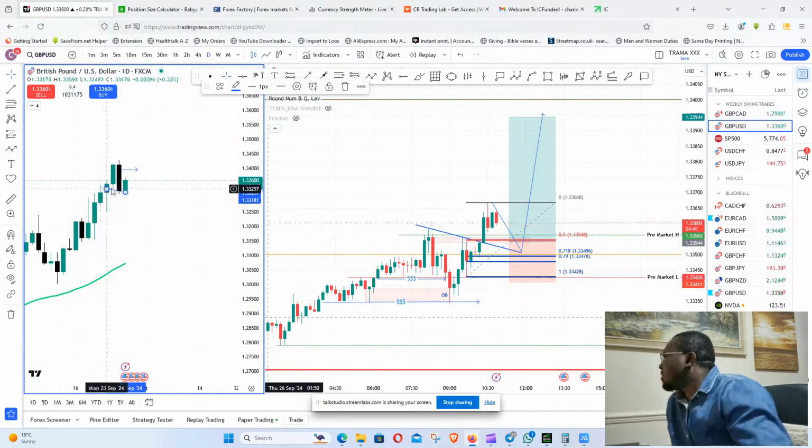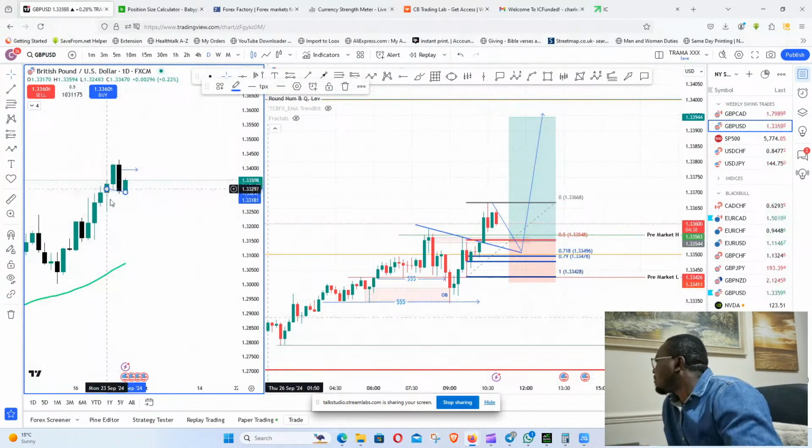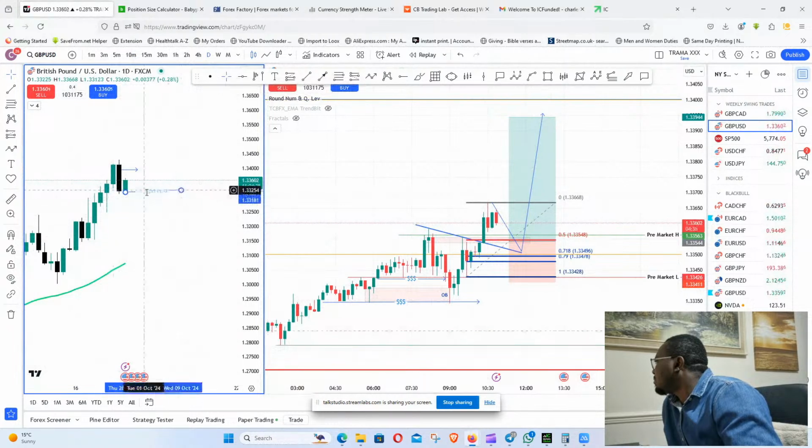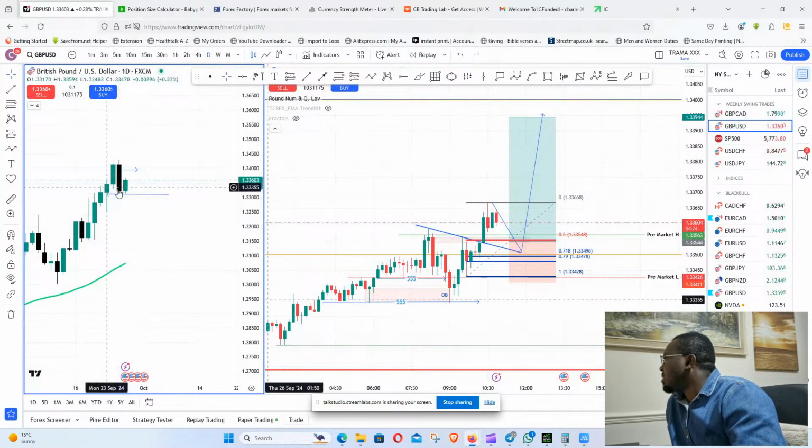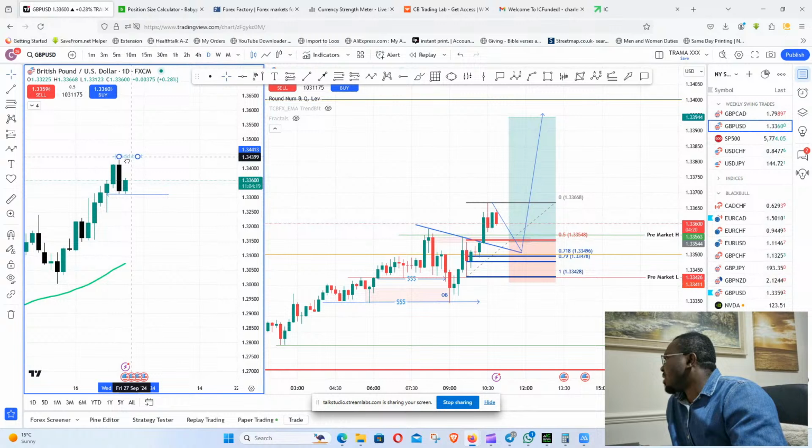This area here is equal lows, and price did not break below that low, so it means that price wants to push up and eventually even push higher to break this high, this level here. It might want to do that, but we need to find an entry to know if that's going to happen.